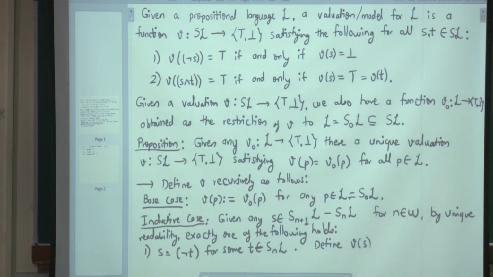V of S. Now we want to define V of S. How should we define it? S should be true if and only if T is false. And by induction, the value of T is already known.